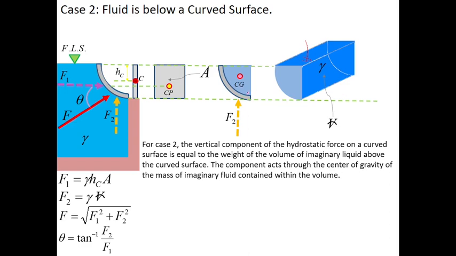So the component F2 acts through the center of gravity dito of the mass of imaginary liquid. Yung mass ng imaginary liquid na yan contained within the volume. Ito siya. Yan siya.